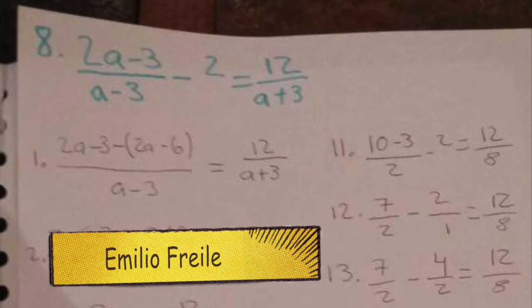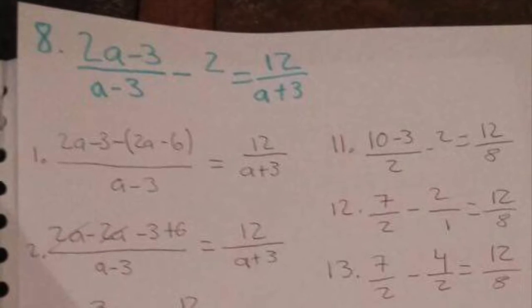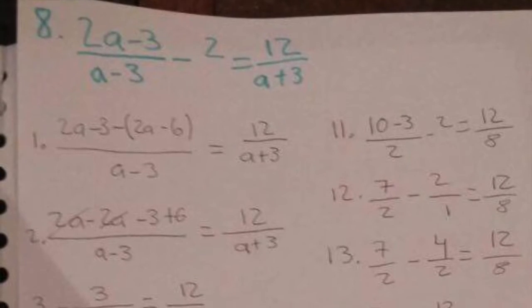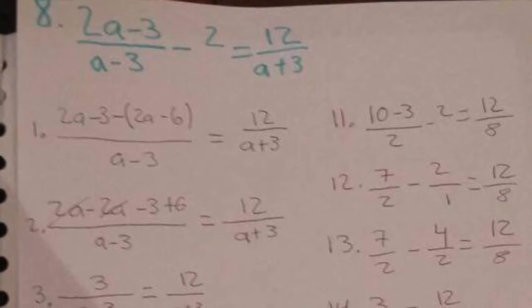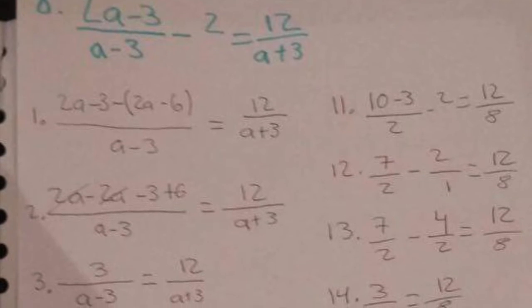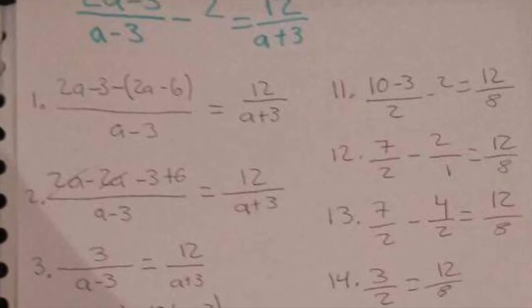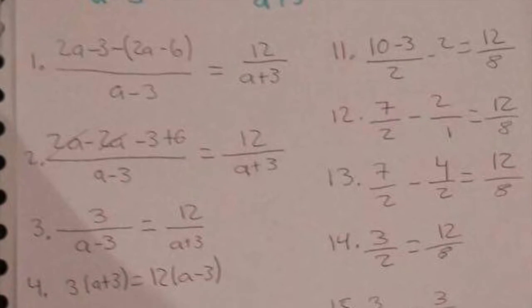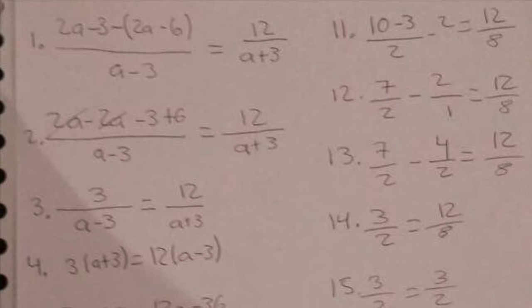The equation in exercise number 8 is 2a minus 3 over a minus 3 minus 2 equals 12 over a plus 3. In step number 1, I found the common denominator and added the numerators. Later, in step number 2, I combined the like terms and simplified the numerators.